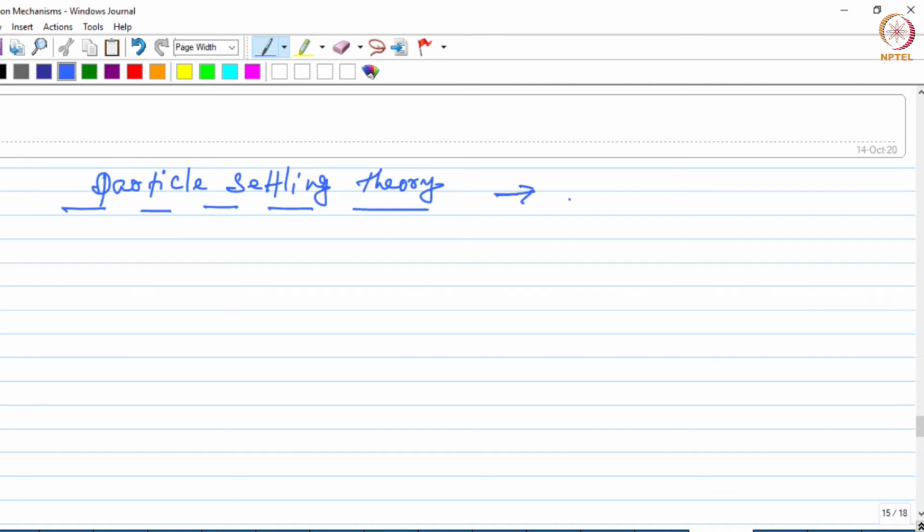And therefore, if they settle down, their grain refinement efficiency will come down, okay? So that is what this theory suggests, that the particle can settle down as you keep on holding the melt, okay? And as a result of that, the grain refinement ability or the efficiency will come down.